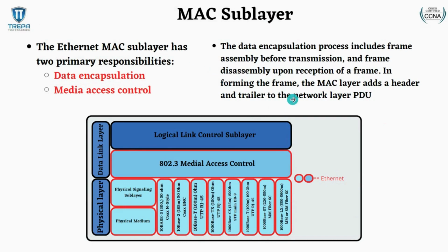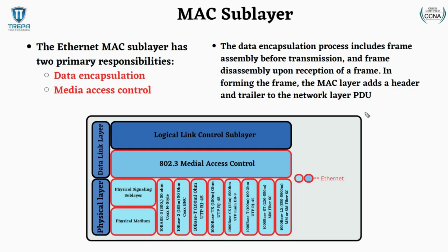Okay, so the Ethernet MAC sublayer has two primary responsibilities, and we're going to deep dive into that. One is data encapsulation, encapsulating all the upper layers into that frame. Its second responsibility is media access control, which essentially means getting our data, that frame, to the correct destination.